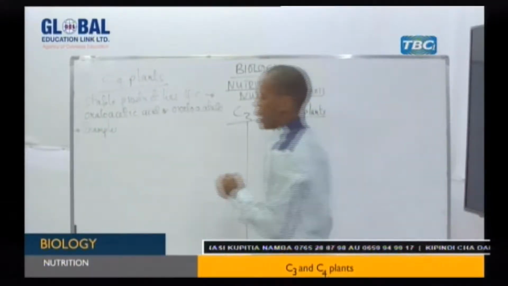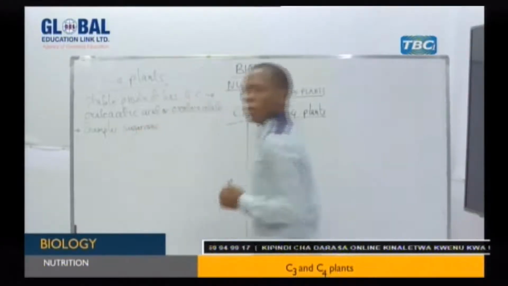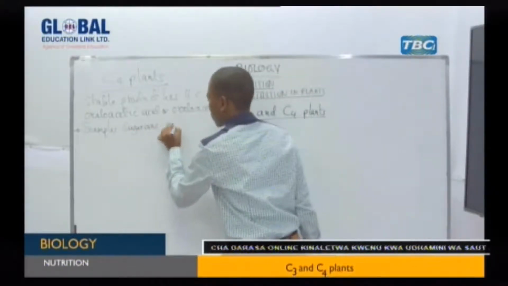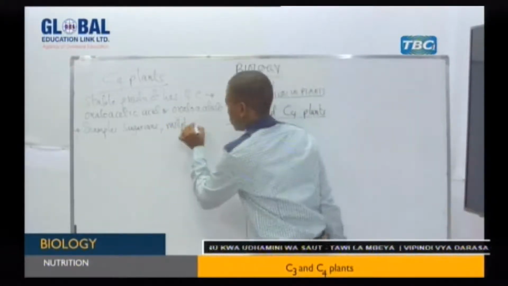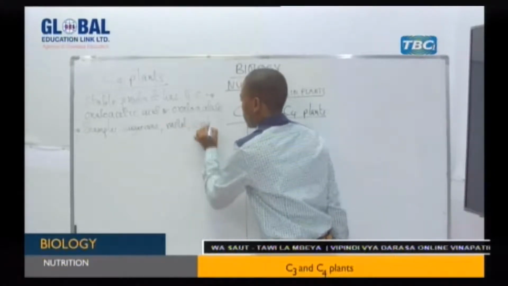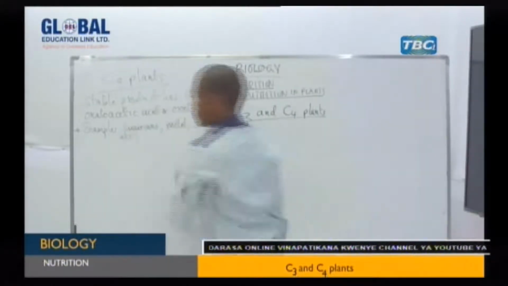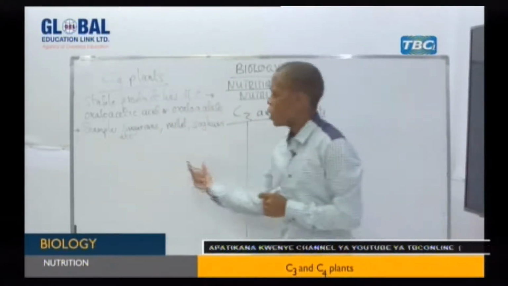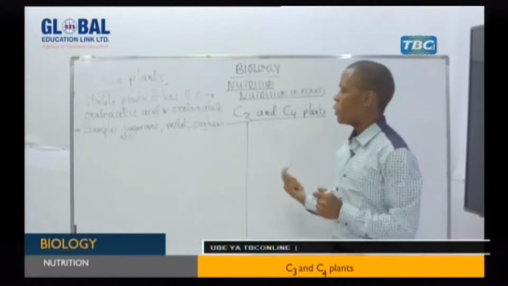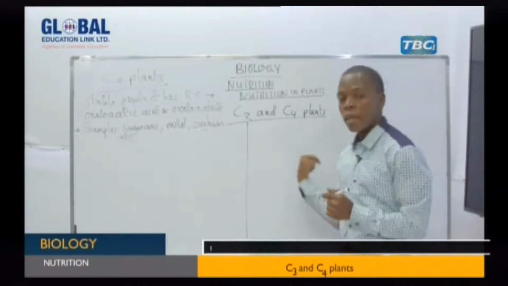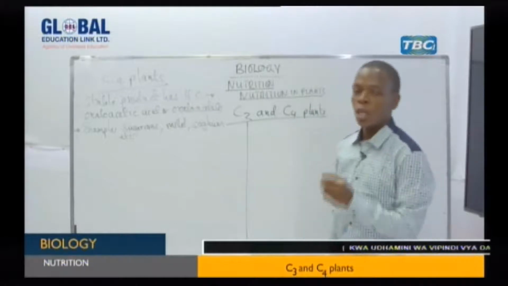Examples of C4 plants are sugarcane, millet, also sorghum, etc. Therefore, the way photosynthesis occurs in sugarcane, millet, and sorghum is quite different from the photosynthesis of maize, soybeans, and so on, because of the first stable product to be formed.